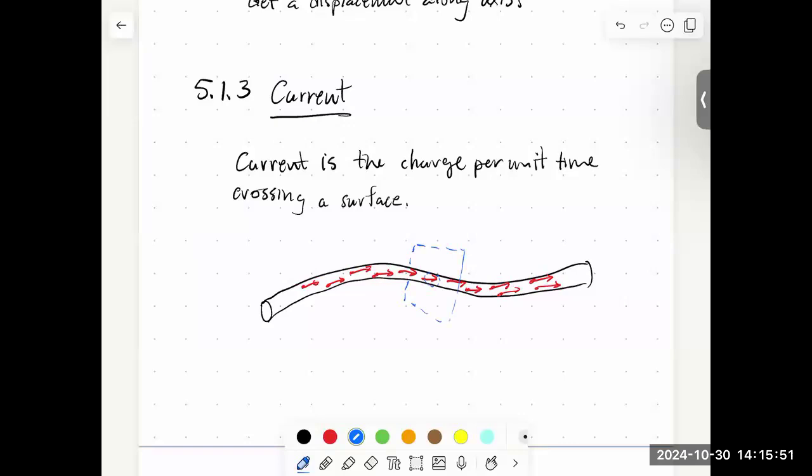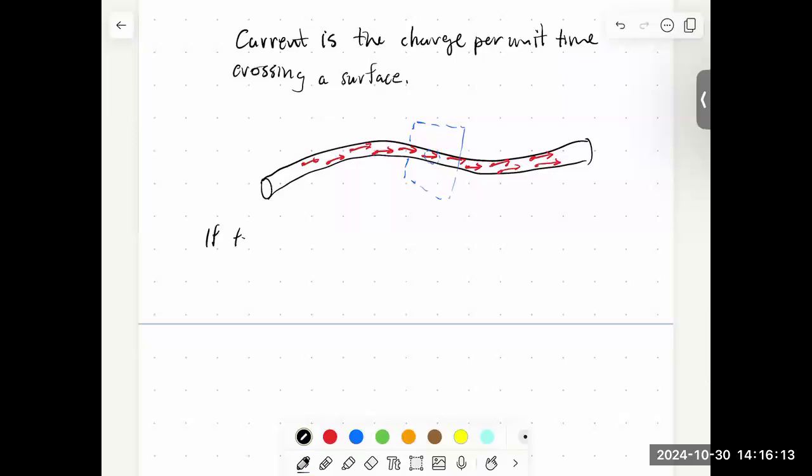And we sit there with a stopwatch and we say, okay, I'm going to time a certain time interval delta t. I'll count the number of electrons n that cross that surface. The total charge will be n times e. Divide that by the time interval delta t. That's the definition of current.